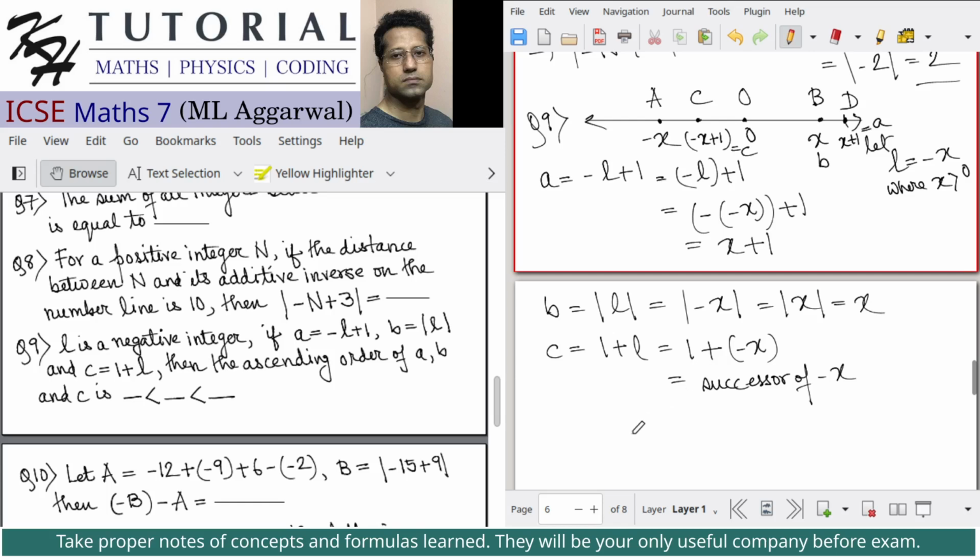Now if I just draw, since the number line has become clumsy, the position of A, B and C, this is the origin O, which represents the value 0.